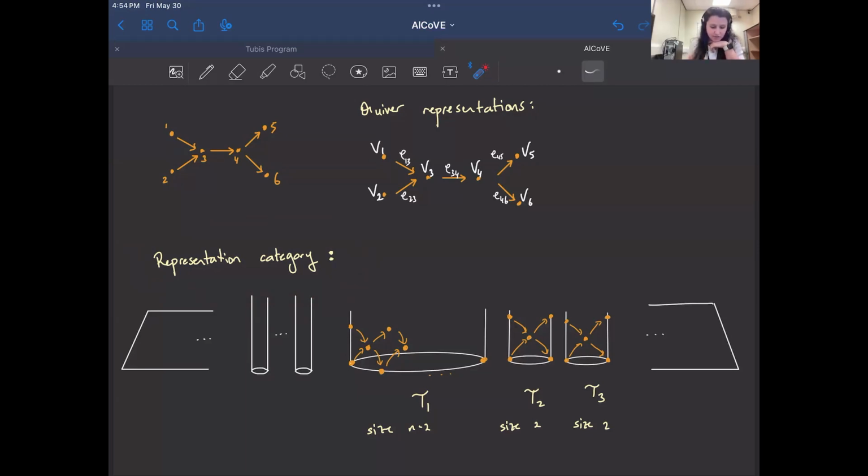Interestingly, this representation category has three what we call tubes. This one, for instance, will have n-2 representations, and they will have interesting maps and extensions between them. When you stack them together, they form these cyclic tubes.